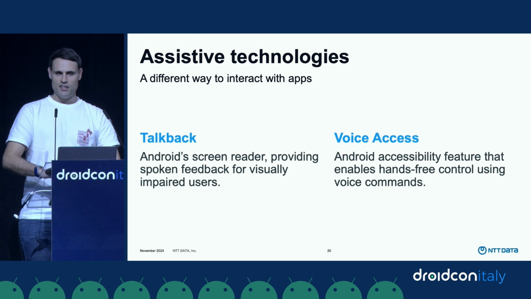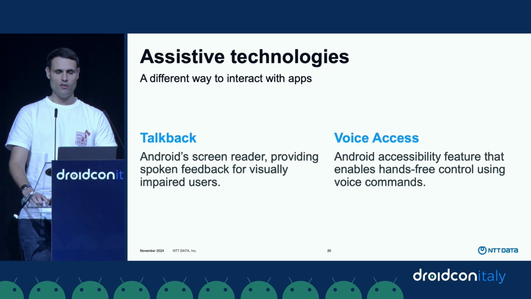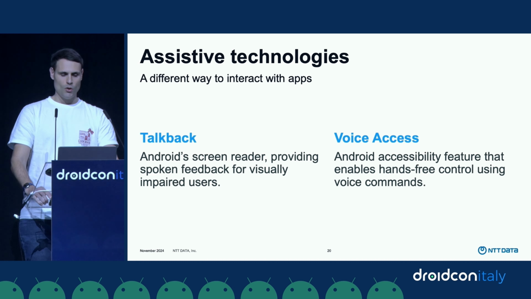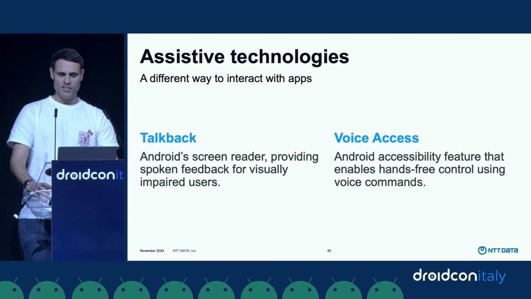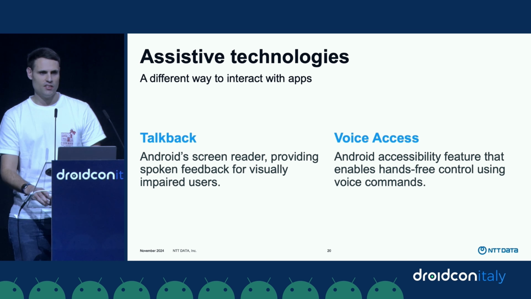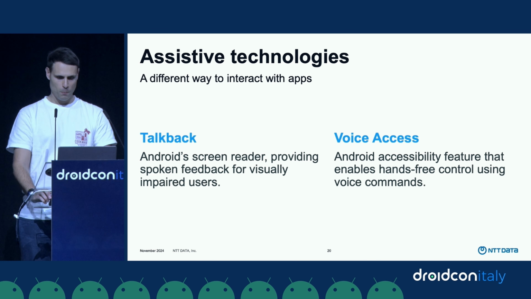In the Android world, the most common assistive technologies are TalkBack, which is the screen reader that provides spoken feedback for visually impaired users, and Voice Access, which is hands-free control, so you can use your phone by voice commands. So how can these assistive technologies understand what's on the screen?